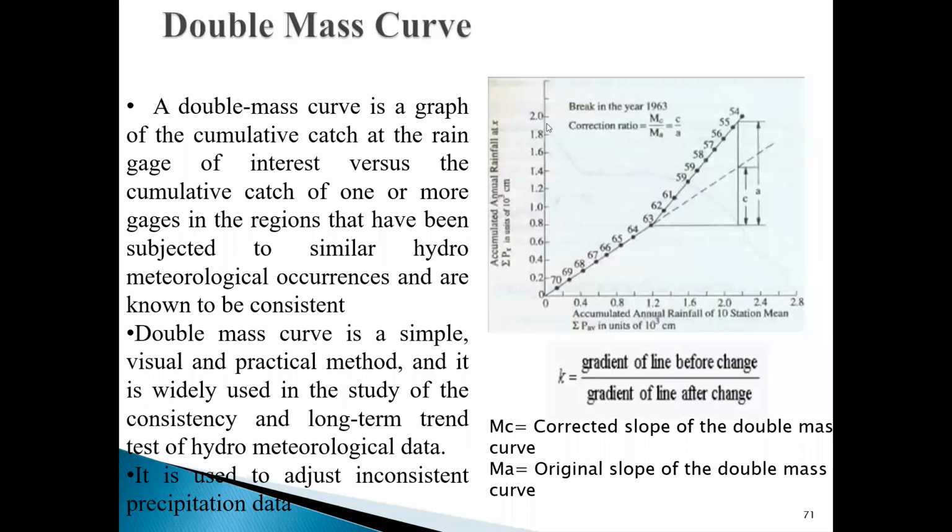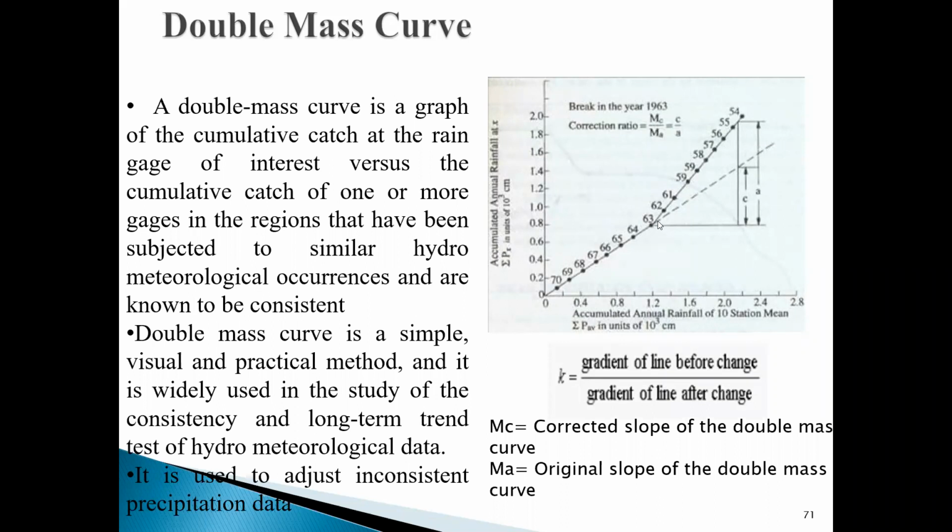Now you have to plot a graph of cumulative annual rainfall at station X versus concurrent cumulative annual rainfall for the surrounding stations. Initially, you will have a straight line plot. In some particular year, at this particular station X, there is a change or deviation in the straight line plot.